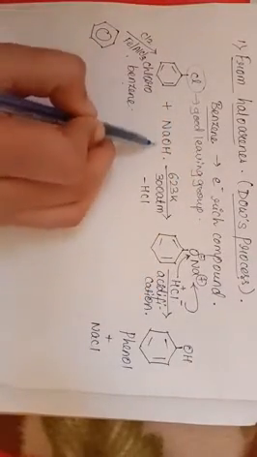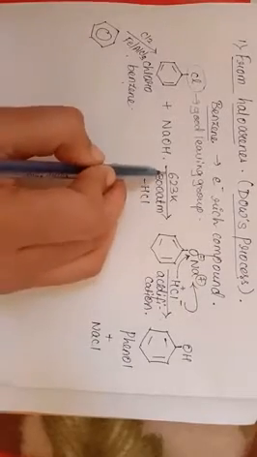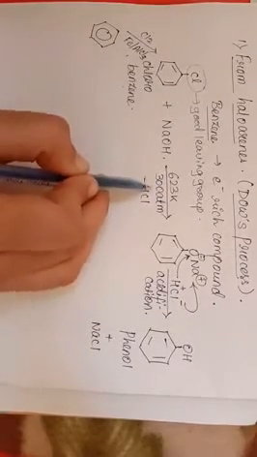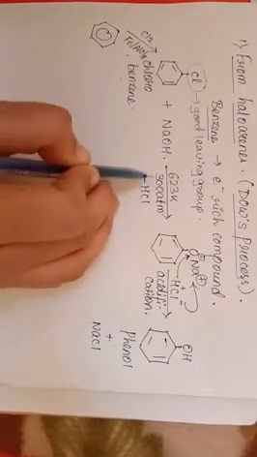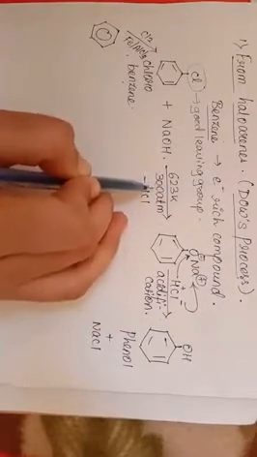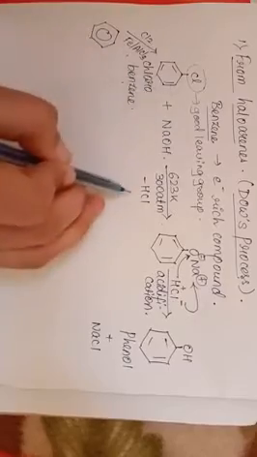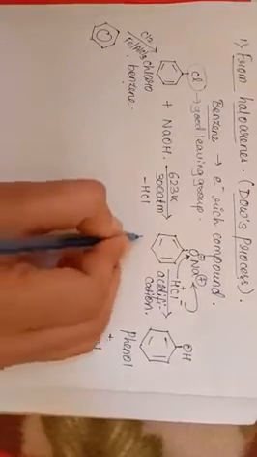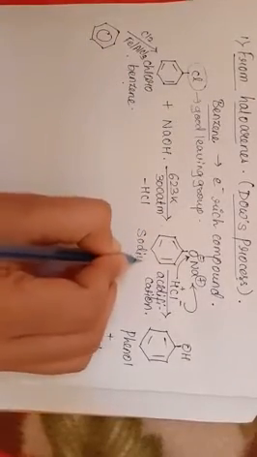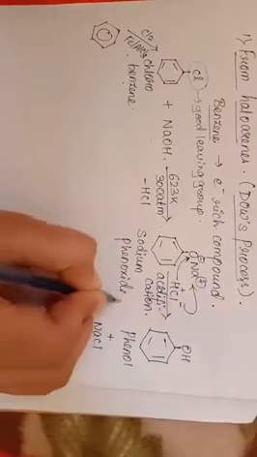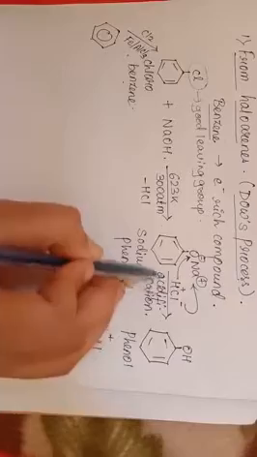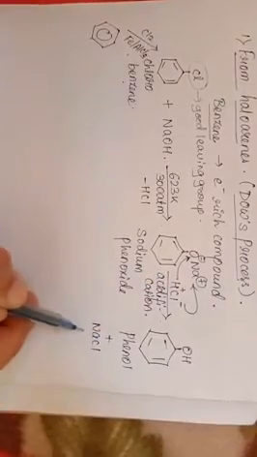So on reaction with a strong base at 623 Kelvin temperature and 300 atmosphere pressure, these are important factors, so you need to remember this. HCl will be removed here and you will get your sodium phenoxide. On acidification with HCl you will get phenol and NaCl.